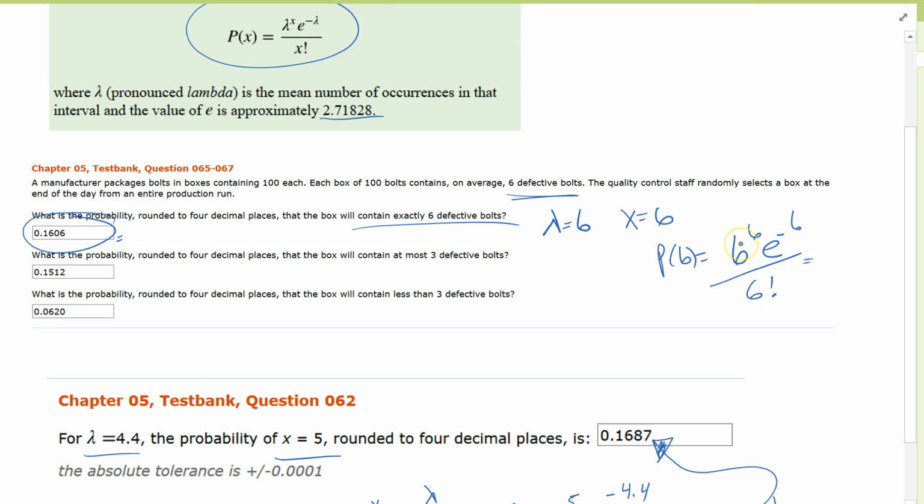So what's the probability that it contains at most 3 defective bolts? Well, I have to do the probability of 0 plus the probability of 1 plus the probability of 2 plus the probability of 3, because it says at most 3 defective bolts.